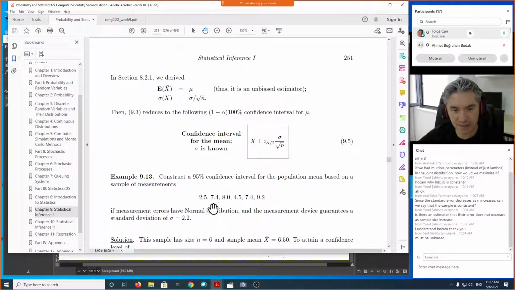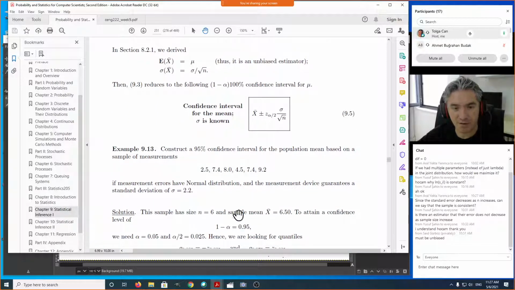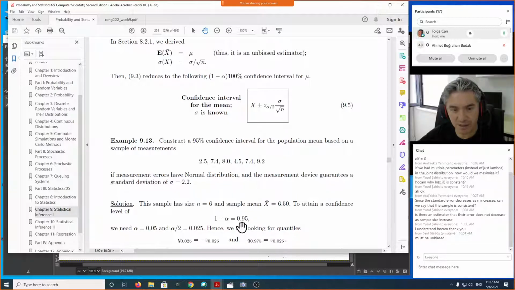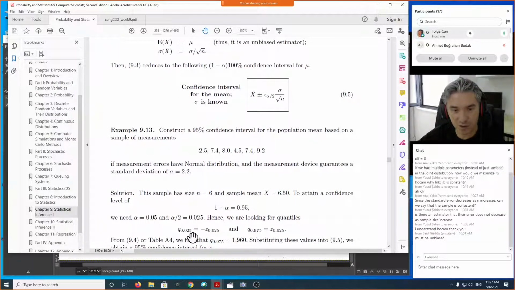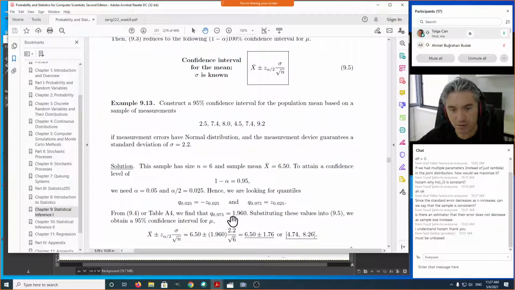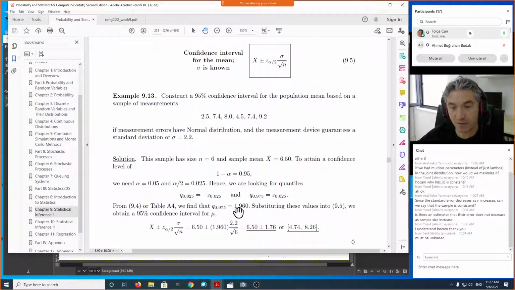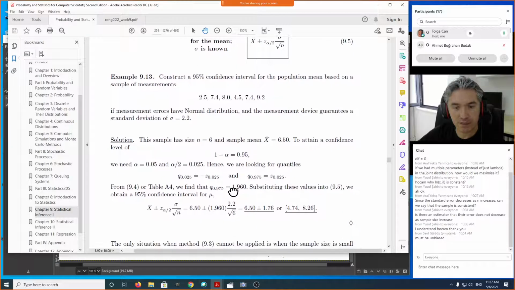The sample has size 6. Sample mean is this one. To attain a confidence level of 0.95, we already know that it's 1.96, right? This quantile that we know, 1.96, was one of those widely used Z quantile values. So since this 2.2 is known, what is the standard error of the average? It's 2.2 divided by square root of 6.